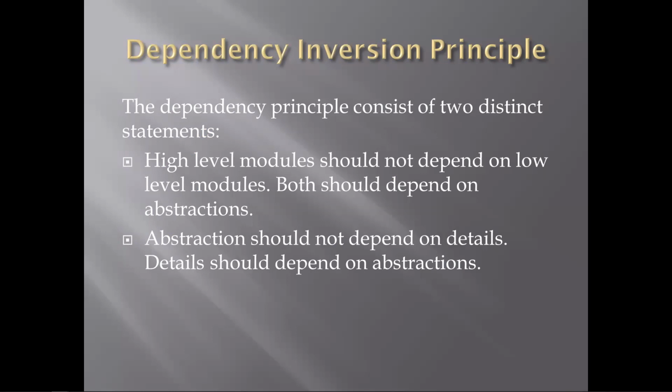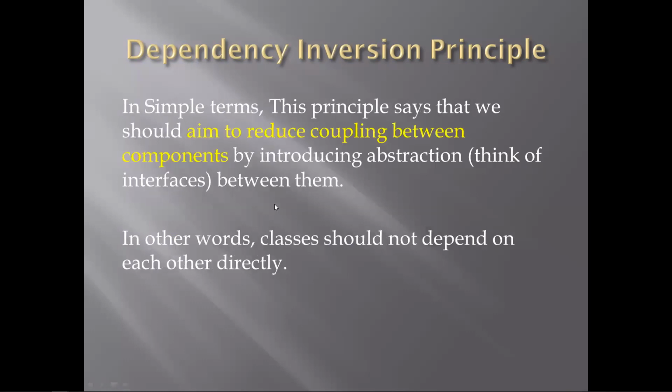Both should depend on abstractions. And the second statement is abstractions should not depend on details. Details should depend on abstractions. So these official descriptions are a bit difficult to understand. So in the next slide, I have written the same thing in simple terms.